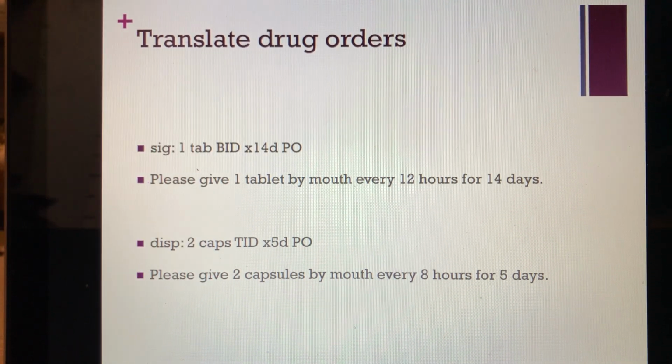BID means twice per day. I don't want to tell clients twice per day though. Clients sometimes get confused. They might not be as knowledgeable about medications as we are, so we want to make it really clear how they're to give this medication. If we say give this medication twice per day, they might give the medication at noon and at 3 p.m.